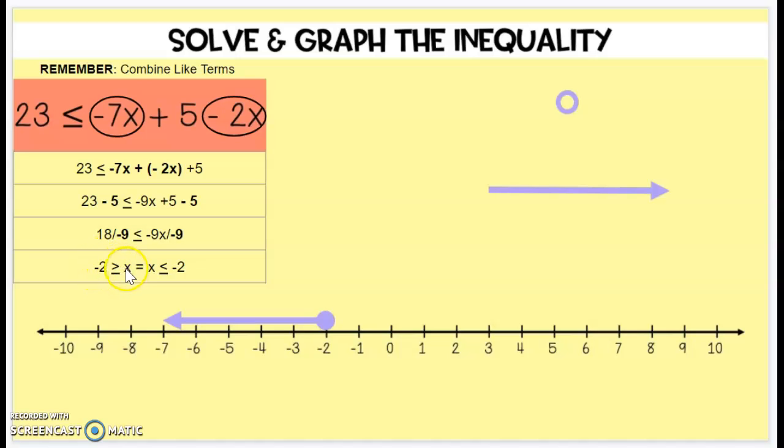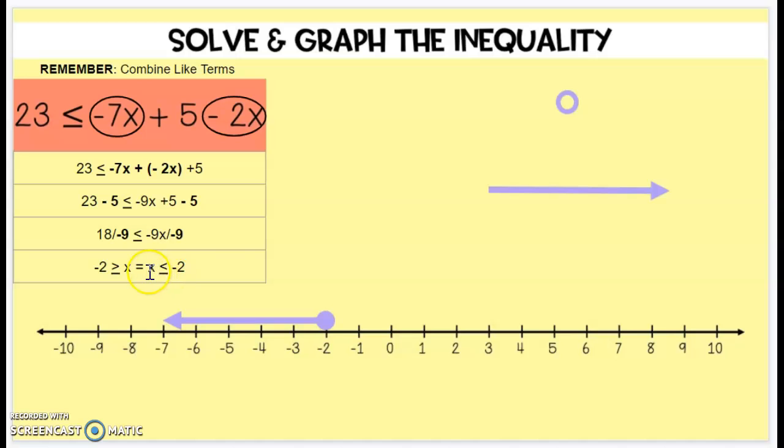The negative 2 is still being eaten by the alligator. It's still pointing in the same direction towards the same thing. But with my variable on the left side, my inequality sign is pointing which way my arrow should be pointing. If the variable is on the right side, your inequality symbol is pointing in the opposite direction that your arrow should be pointing.